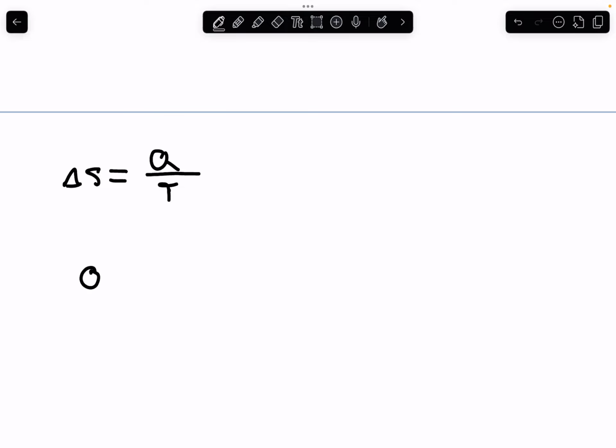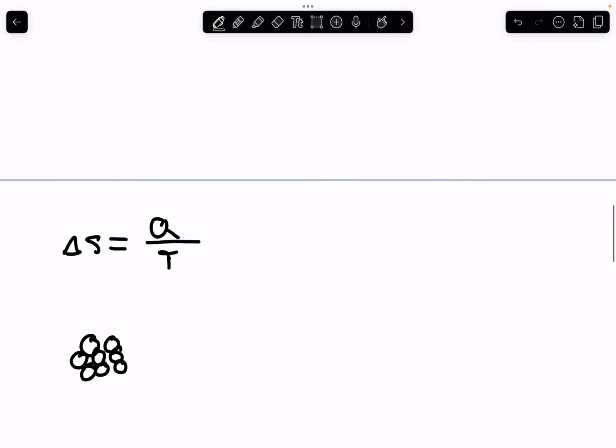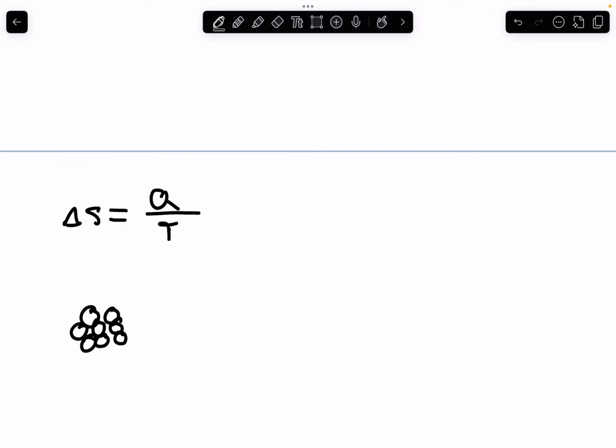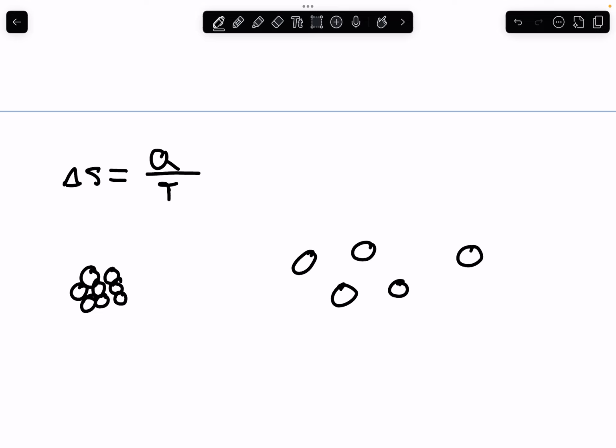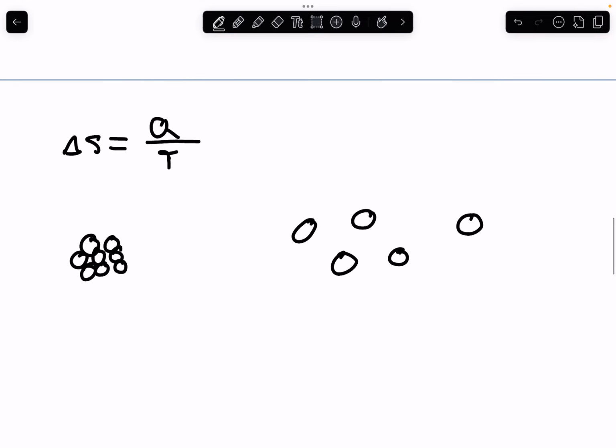A solid is made of particles stuck together that vibrate, and that's why they have low heat energy or kinetic energy. But for a gas, the particles are farther away, and they move. So we can say that gases have more disorder, higher entropy than solids, since solids merely vibrate a few millimeters, while gases can move wherever they want.